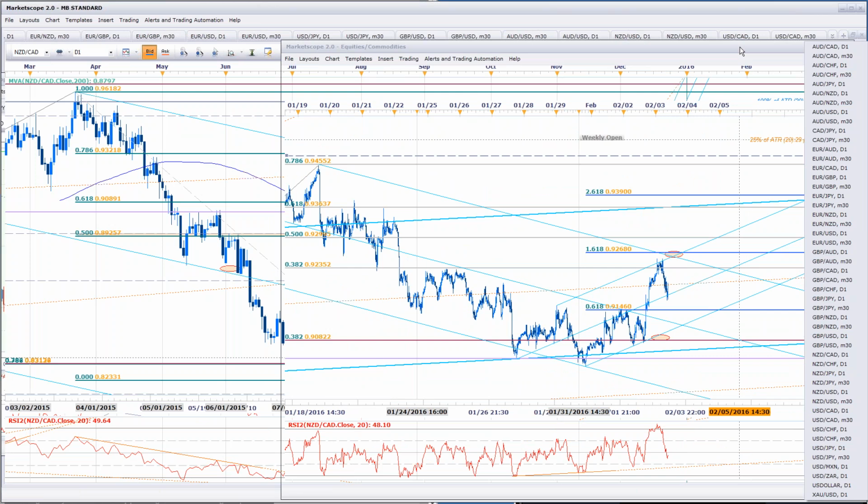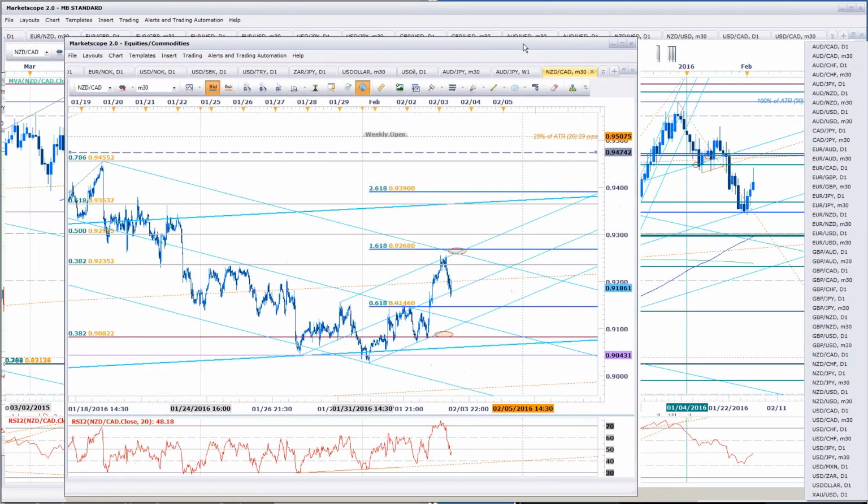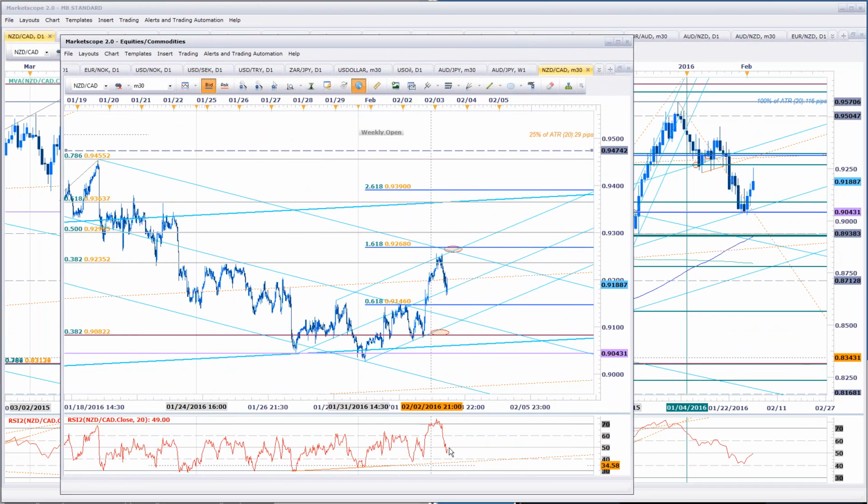And here's what Kiwi CAD looks like on the 30-minute. So 92.35 got taken out. Second target 92.68 didn't.